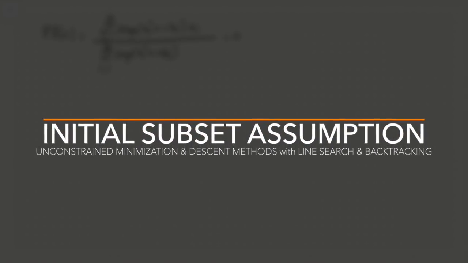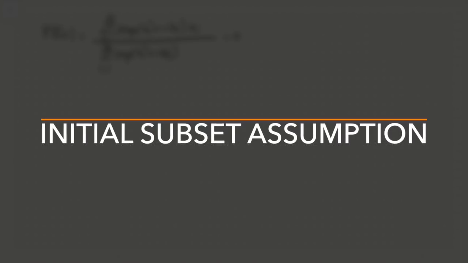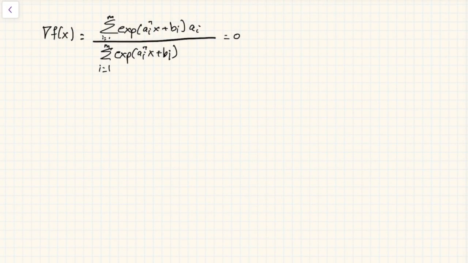equation. One thing we didn't talk about up to this point is that the algorithms we are going to discuss for solving unconstrained optimization problems in this series assume that your initial choice of x0 falls in the domain of f, of course, as we said.